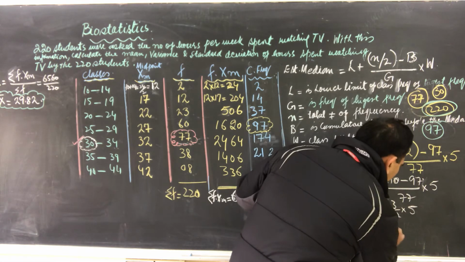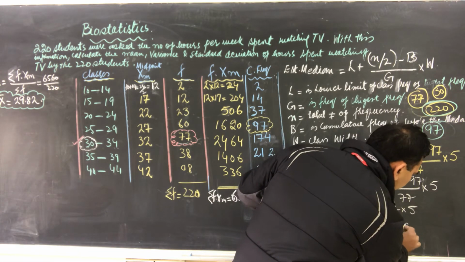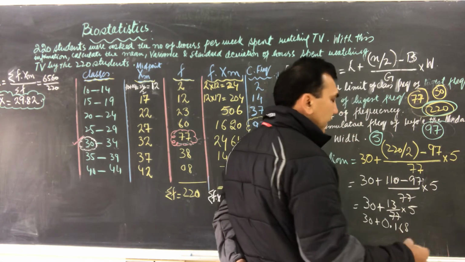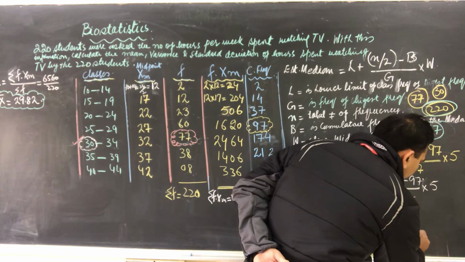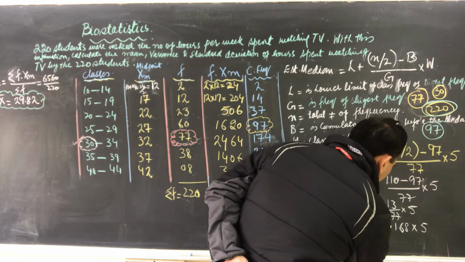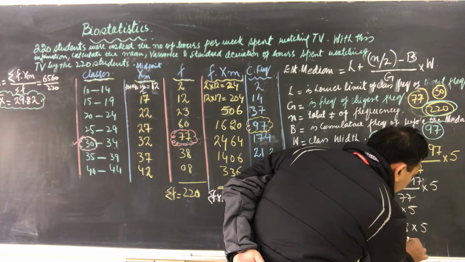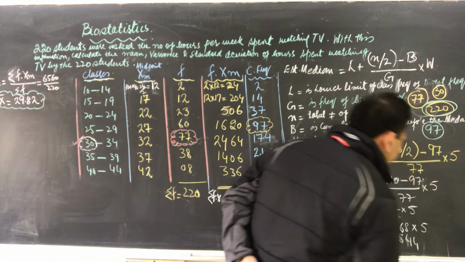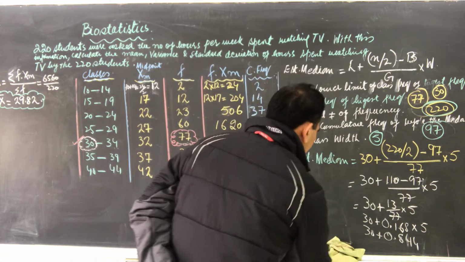It will become around 0.168. Now according to the rules, we multiply it by 5. So 30 plus, what is the result? 0.844.